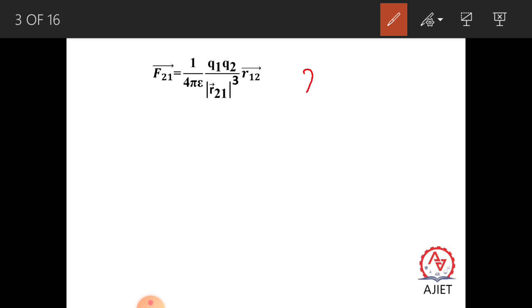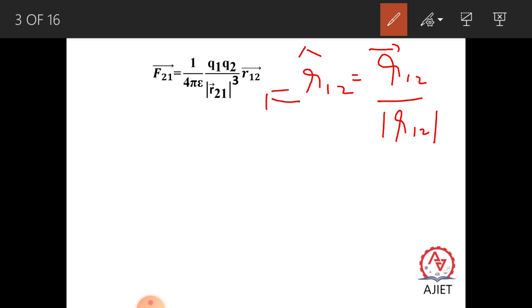How to write this? R12 cap can be written as R12 vector divided by the magnitude of R12, but we know that the magnitude of R12 is equal to R21.